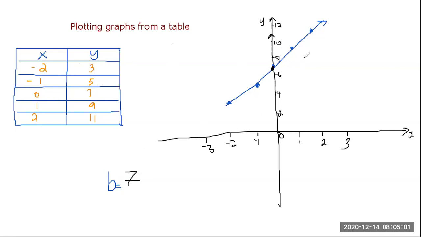Now, from looking at this graph, is it increasing, decreasing? Is it horizontal or vertical? Increasing. Increasing graph. Yes.